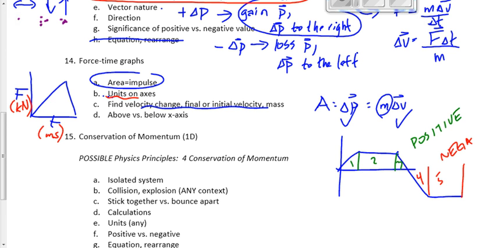And what we have to do to find the total impulse there is add them together. Plus 100 plus negative 50, or whatever the case may be. Get the impulse, that's what you're looking for, great. If you want to find mass or change in velocity, do your thing. Just make sure you've got the right value for impulse based on whether it's above the x-axis or below the x-axis.